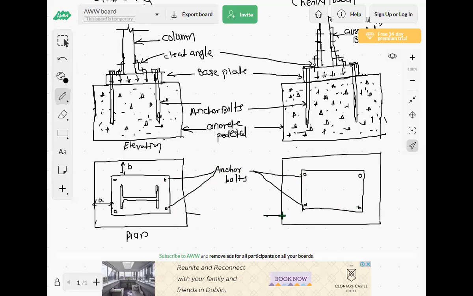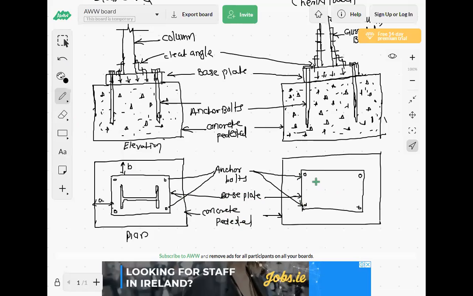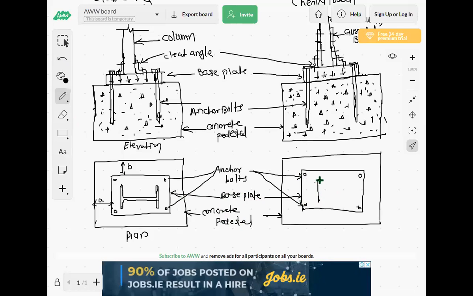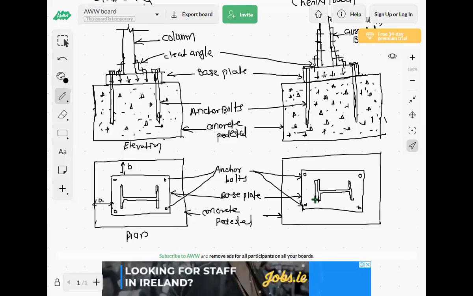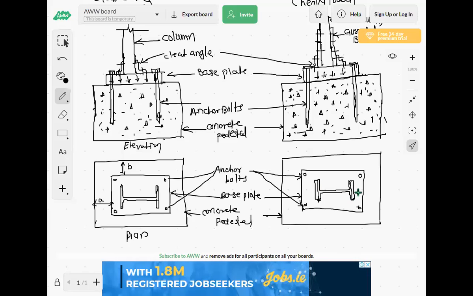Then this is the concrete pedestal. This is again the base plate. This is the base plate, and the gusseted base is provided.